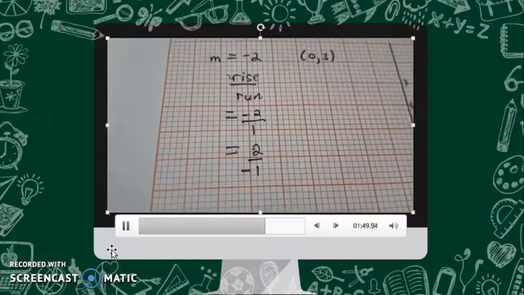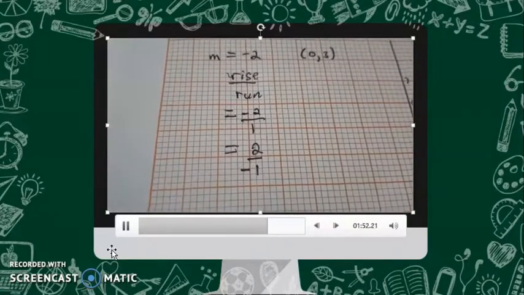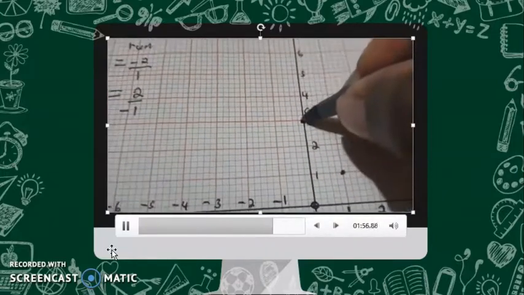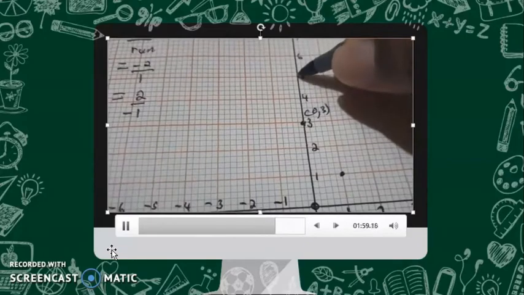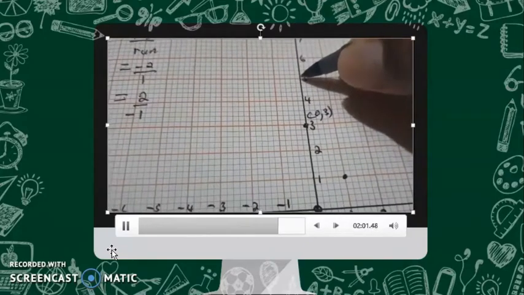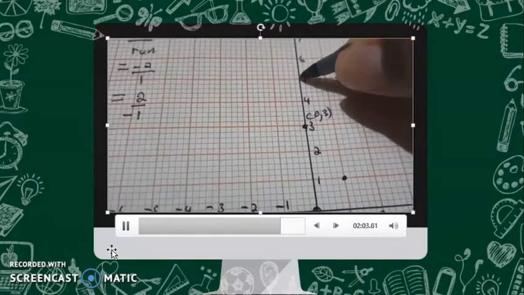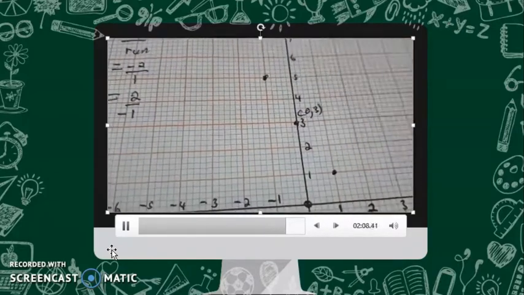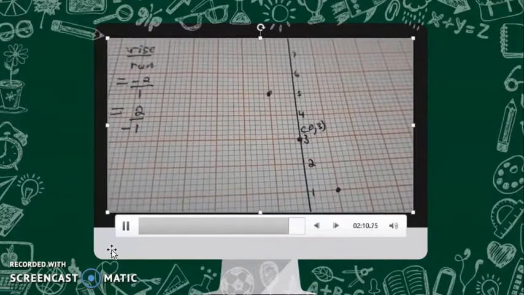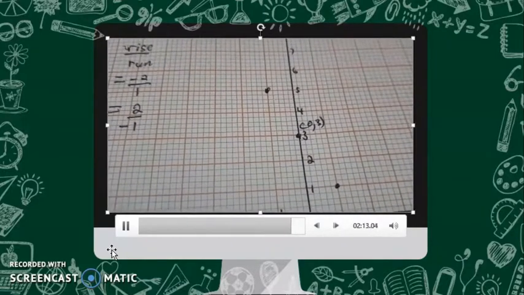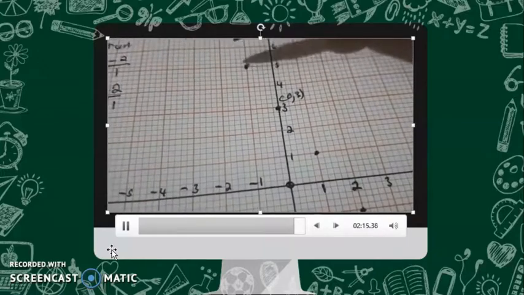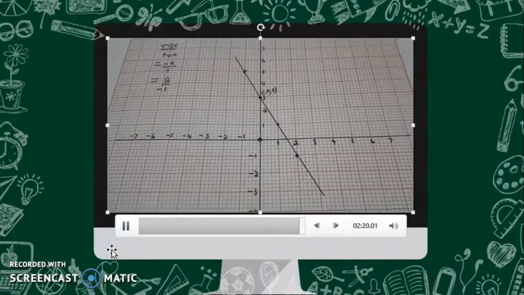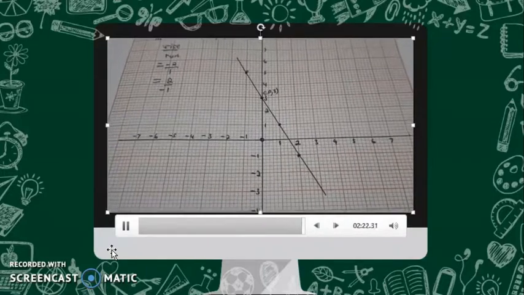It means the same thing, but here you will rise 2 and then run negative 1. So we go up 2, then run negative 1. So we will now draw a straight line. So there's our straight line, quick and easy.